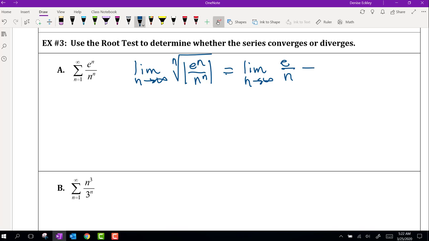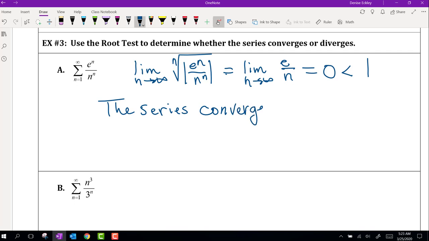And that, of course, equals 0. And 0 is less than 1. So the series converges absolutely by the root test.